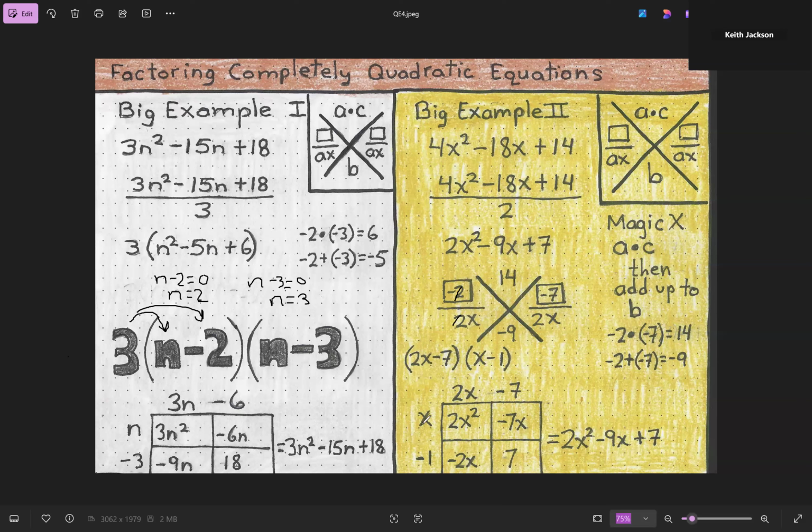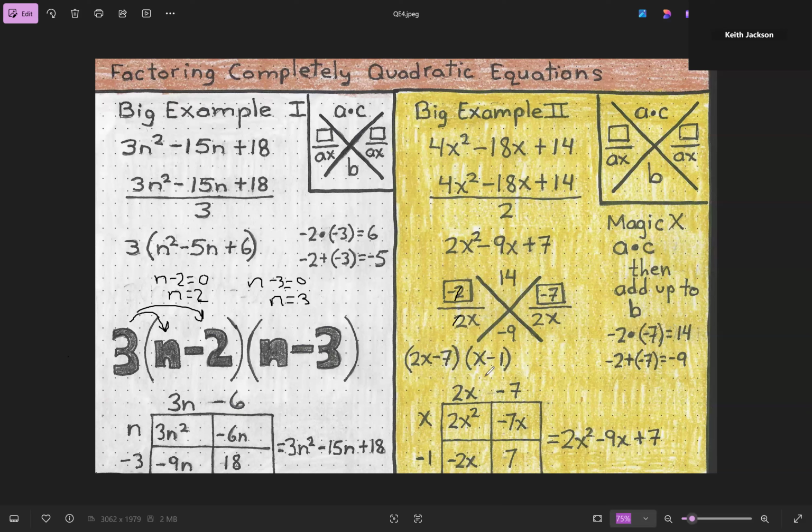And so we're finished with this top row. And let's go ahead and work with the negative 1, because a negative 1 times 2x will give us a negative 2x, while a negative 1 times a negative 7 will give us a positive 7, and it all works out right here.